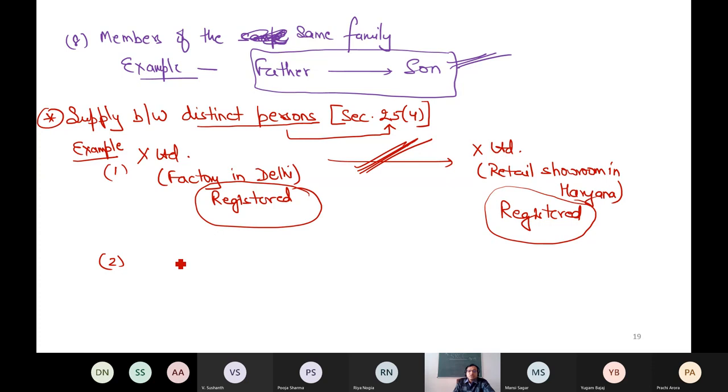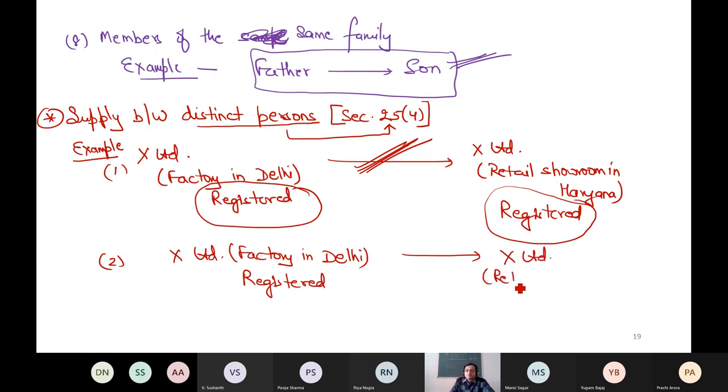Now, change of state is not necessary. Even if X Limited has a factory in Delhi, registered, and has another retail showroom in Delhi itself, factory as well as showroom in Delhi, but separately registered, then also these two are what?